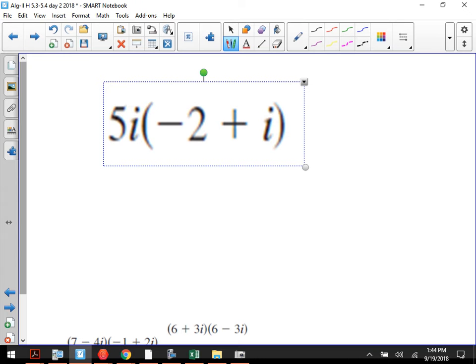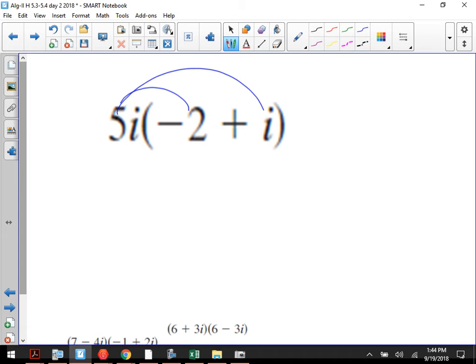That is the rule that we're working with here. So if I distribute that 5i to both terms, I get 5i times the negative 2, 5i times i, so I get negative 10i plus 5i squared.